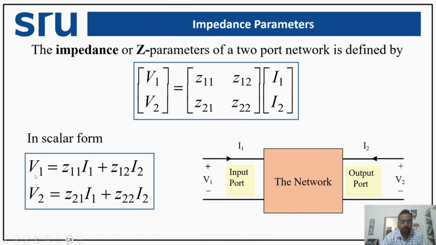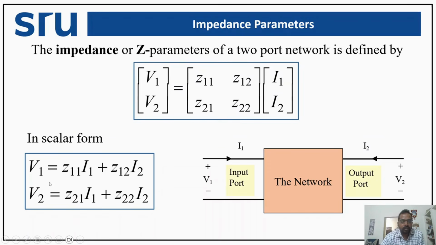The voltage at port 1, V1, can be written as Z11 I1 plus Z12 I2. Similarly, the voltage at port 2 can be denoted as Z21 I1 plus Z22 I2. Let us pause here and understand the meaning of this expression.